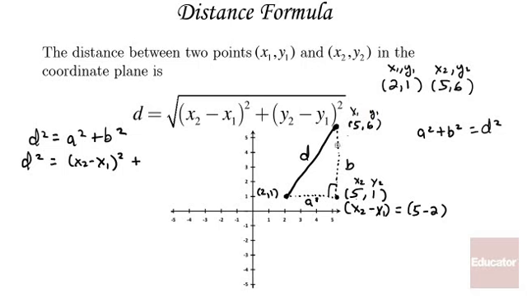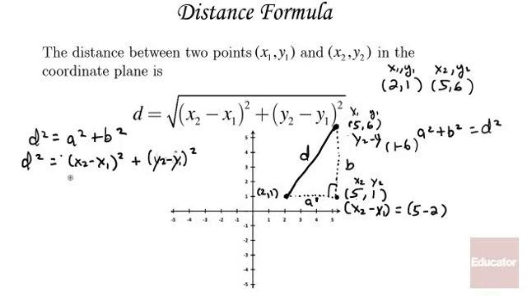So I can simply find that by subtracting these 2 points, which is y2 minus y1.